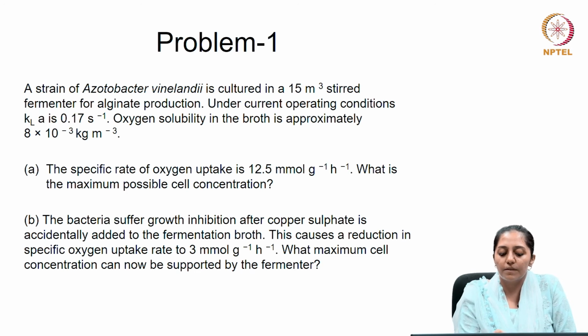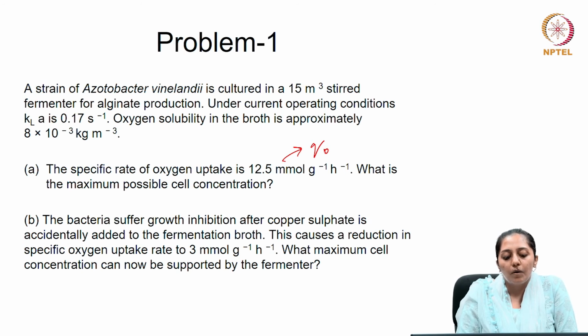Now, the specific rate of oxygen uptake is given to us, which means the small QO2 value. And we need to determine what can be the maximum biomass concentration which can be supported by this oxygen transfer. So as we had done earlier, we will talk about the approach and you can solve the problem.